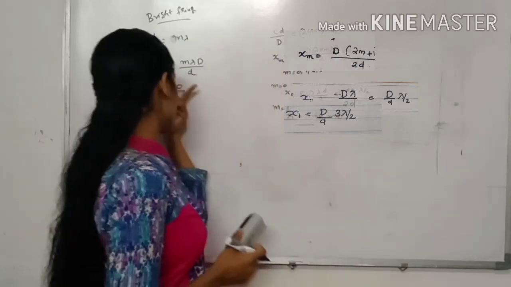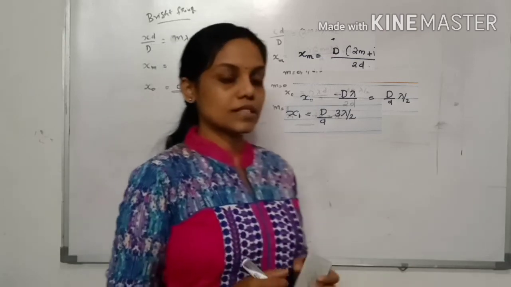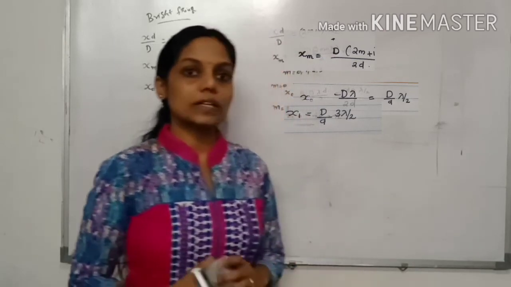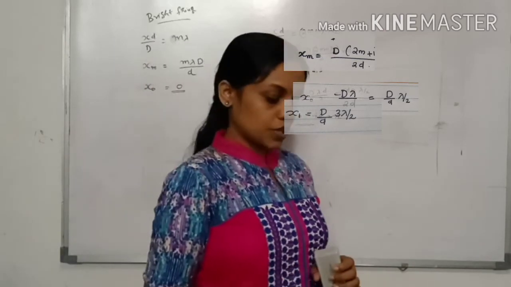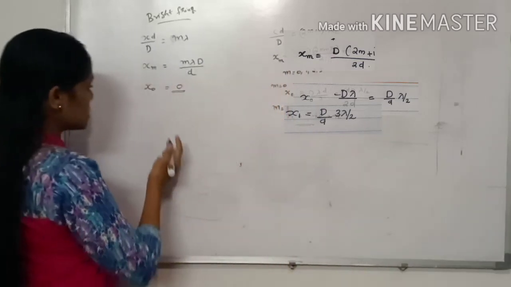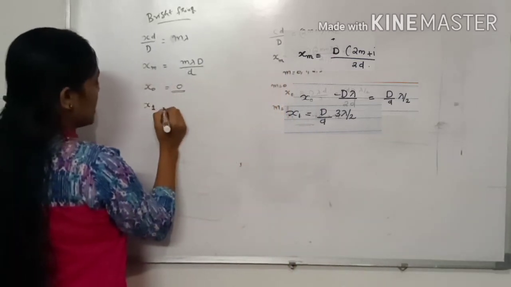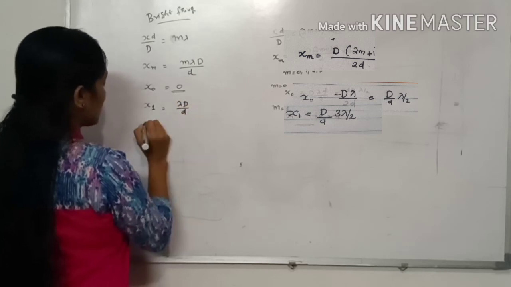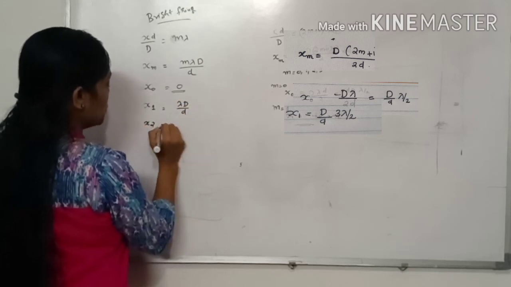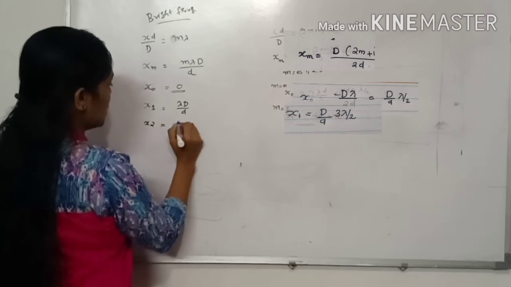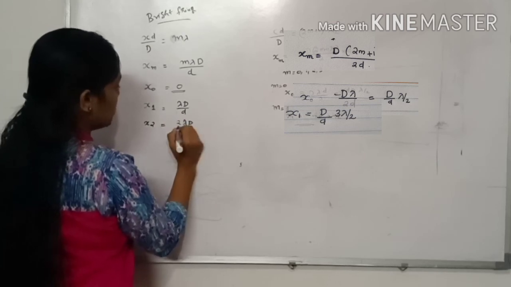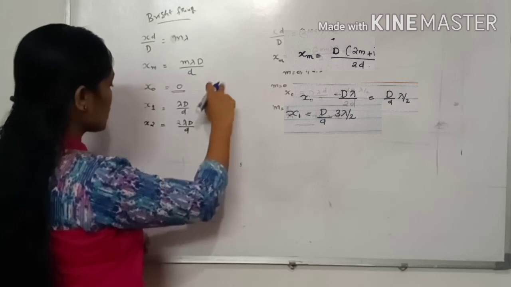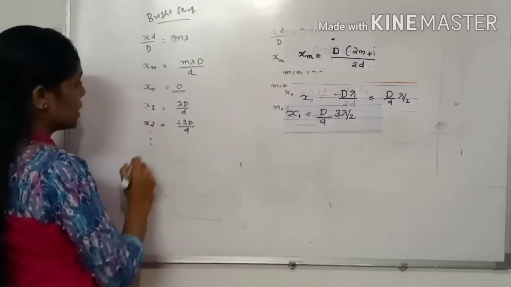Then x1 is equal to lambda D by d, and x2 will be 2 lambda D by d, and like that.